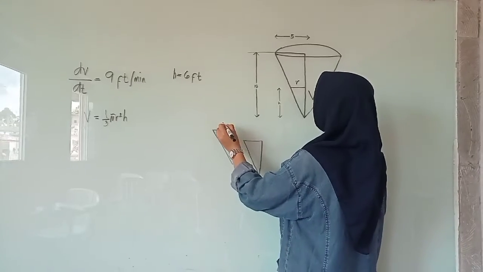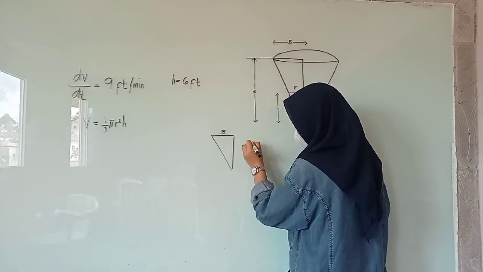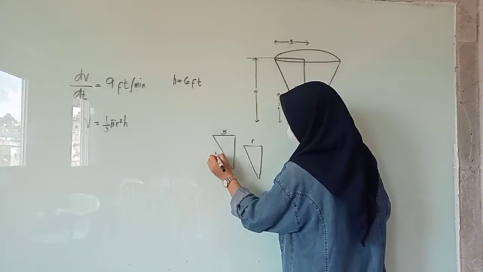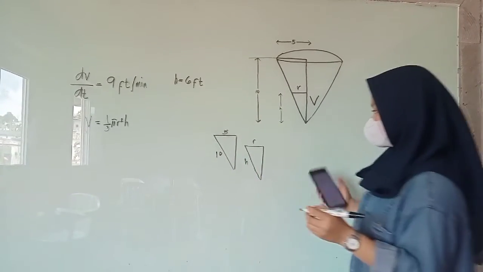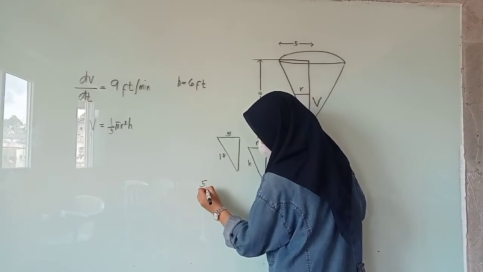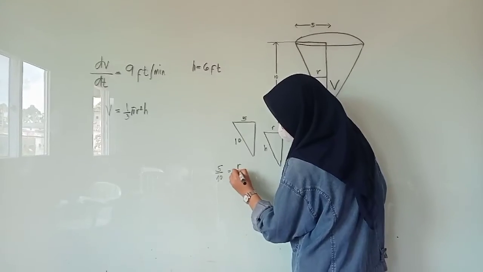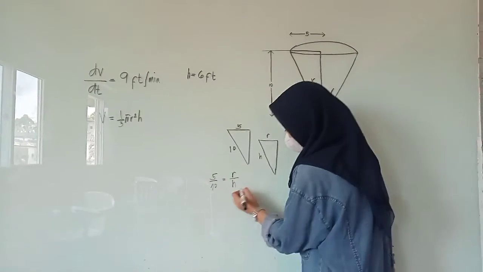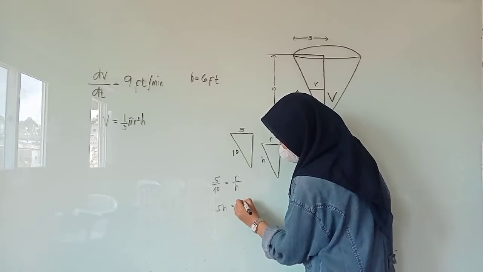So 5 over 10 is equal to r over h. Cross multiplication: 5h is equal to 10r.